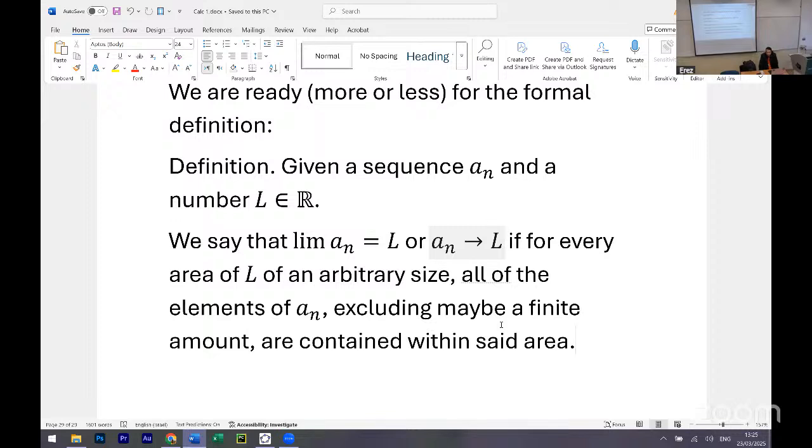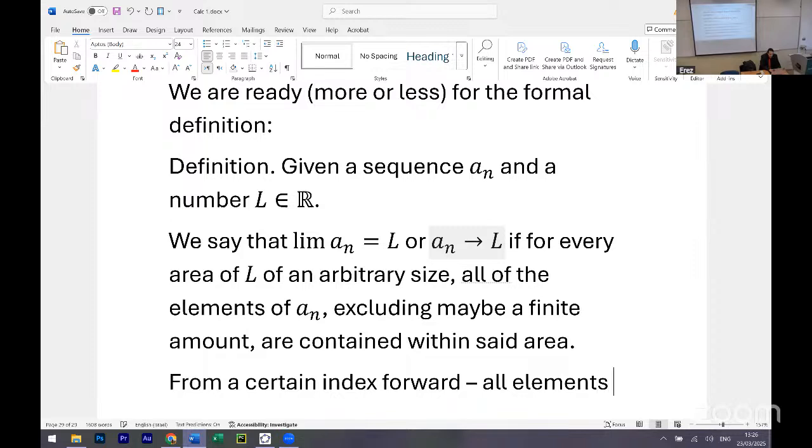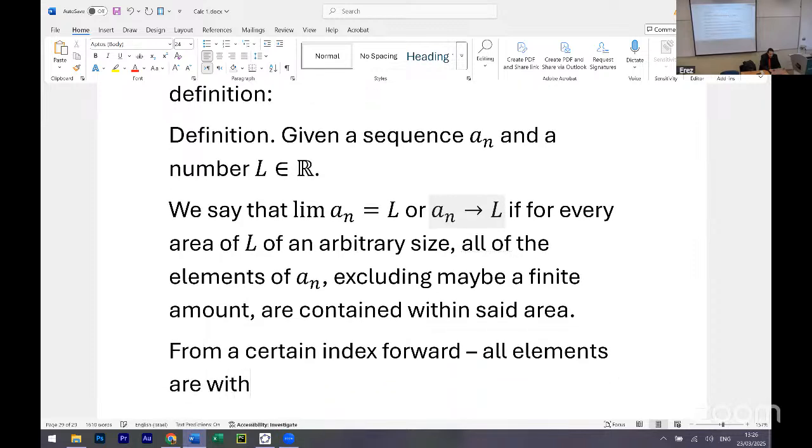The finite amount could be huge, a million, a billion to the power of billions of elements out, but still, from a certain index forward, all elements are within the area.